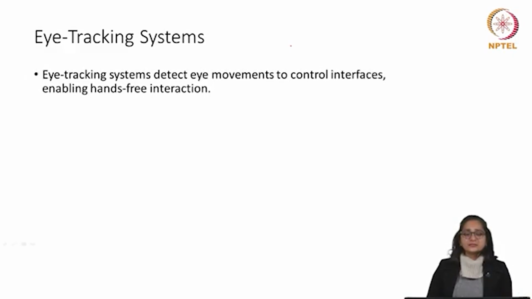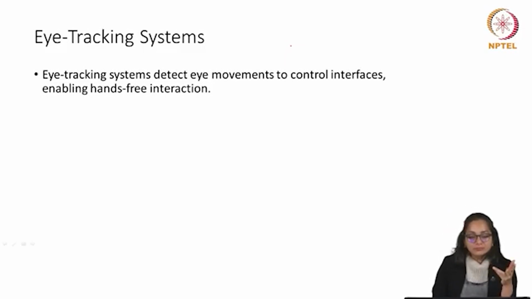These eye tracking systems detect eye movements to control interfaces. So if you gaze on a particular button for so many seconds, it enables that button. It enables hands free interaction. It enables voice free interaction for that matter.